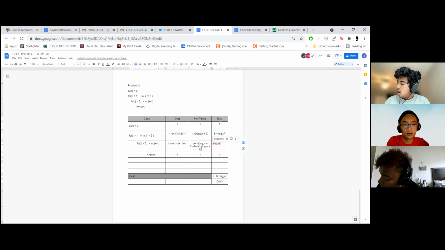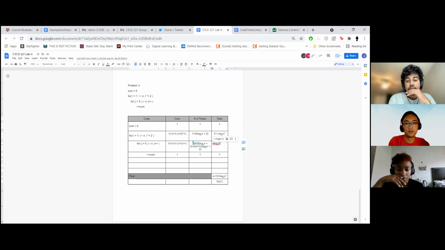Oh, wait, no. The first one is just, it runs once, but then we call it log 2n times plus 2. Because this only runs once in the loop. Sorry about that.